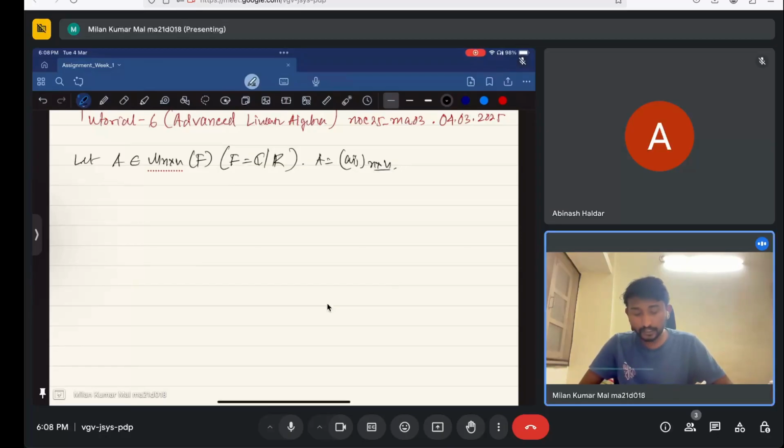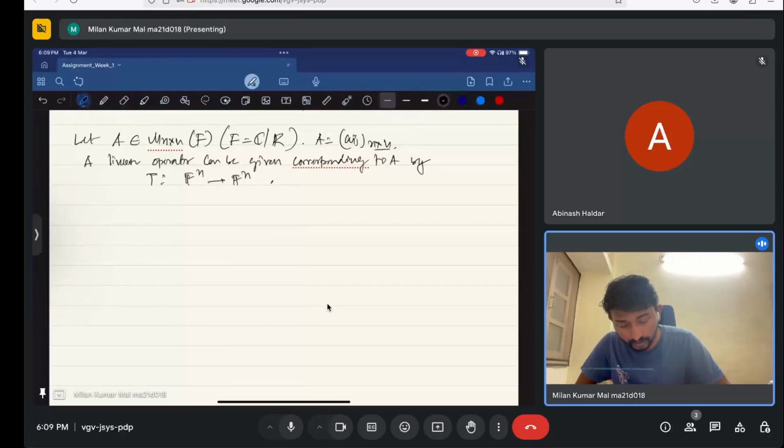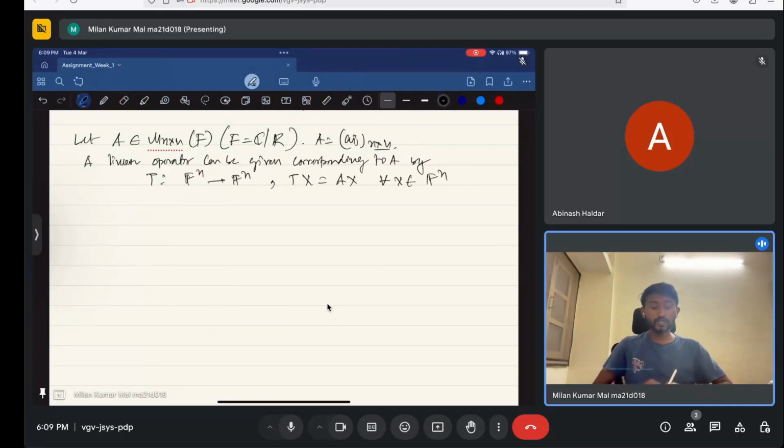Then we can give a linear operator T from F^n to F^n, given by Tx = Ax for all x belonging to F^n, and the matrix representation of T with respect to the standard ordered basis of F^n will be A. That we already discussed.